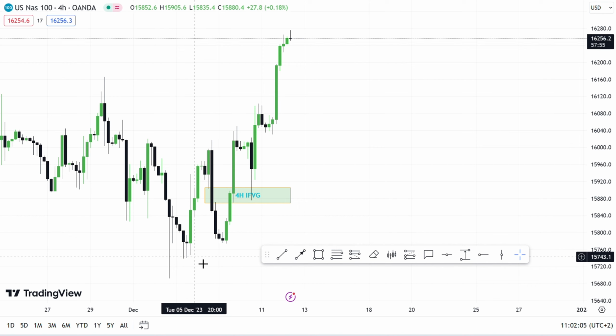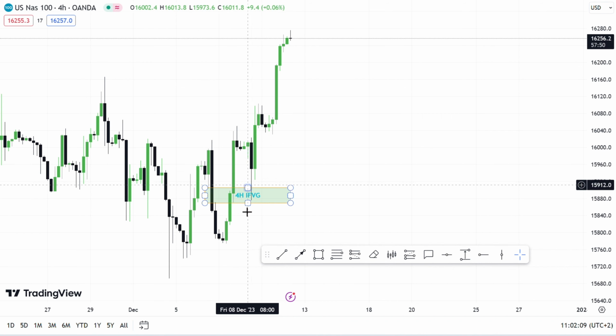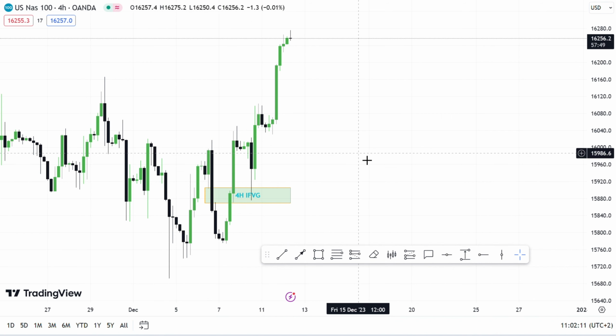What you need to understand here is that we used it as an inversion fair value gap. That's just the intro of this, guys. I hope that we are on the same level of understanding, but even if not, I've opened you up to all this, as this is the intro. We have not gotten into the juice of this yet.